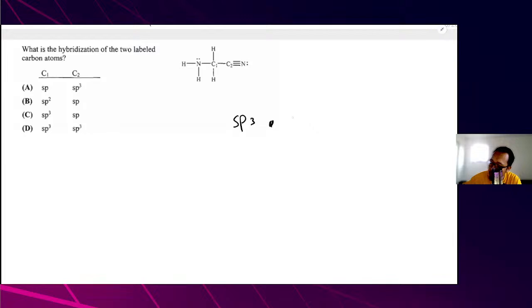However, C2 has a triple bond, which is sp. Just remember this one. So sp3 and sp. The answer will be C.